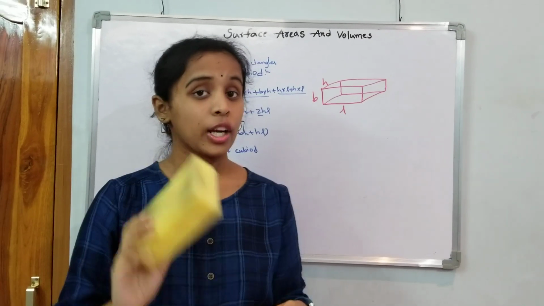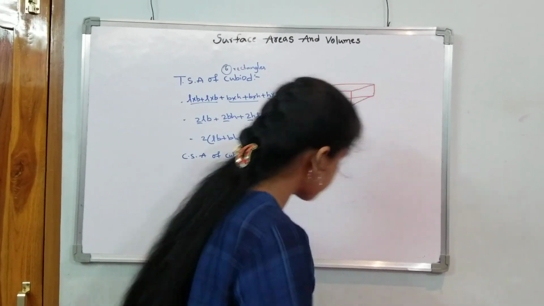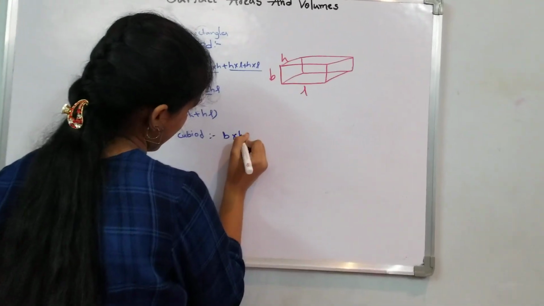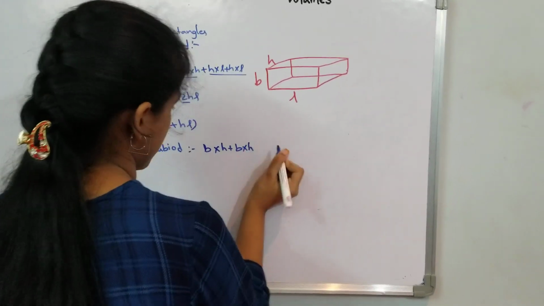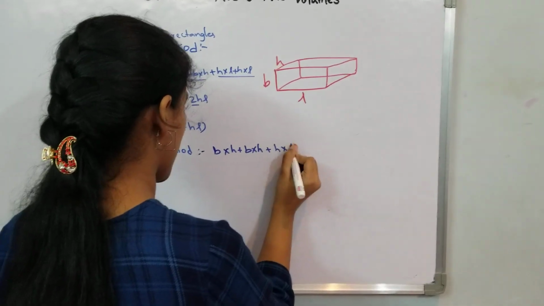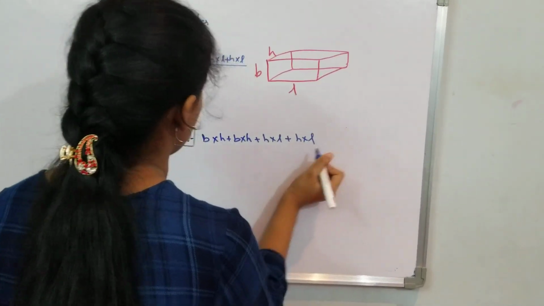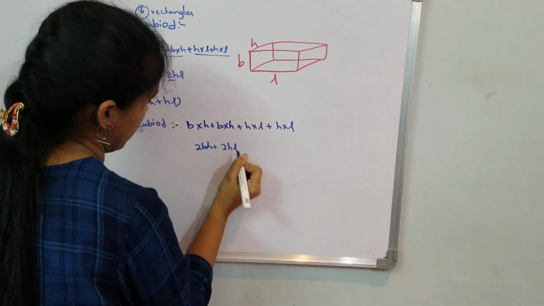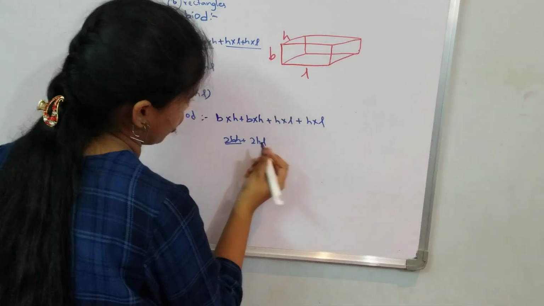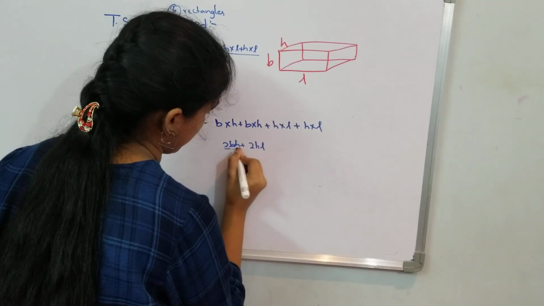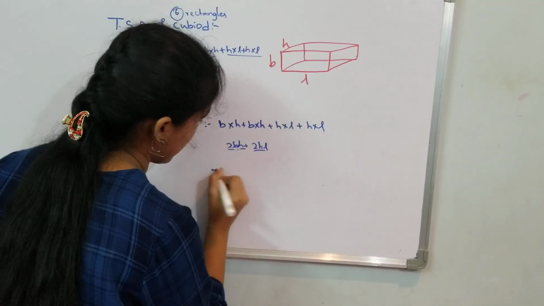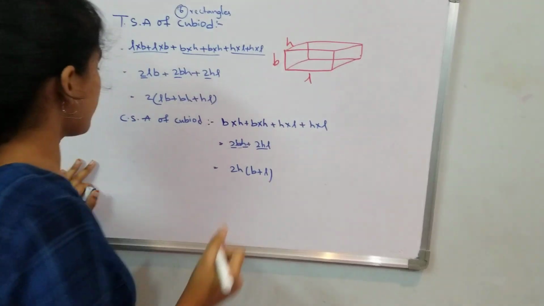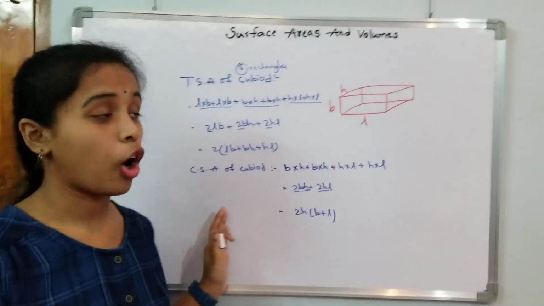So B into H plus B into H plus H into L plus H into L. So 2BH plus 2HL. Let's take 2H common. So 2H of B plus L. So we got the curved surface area of cuboid.